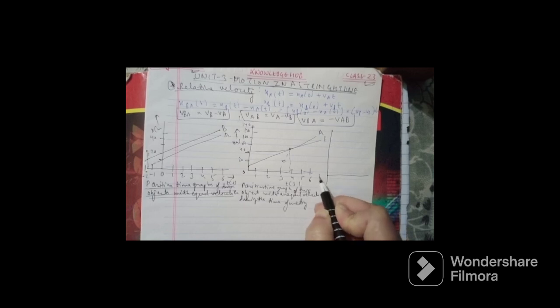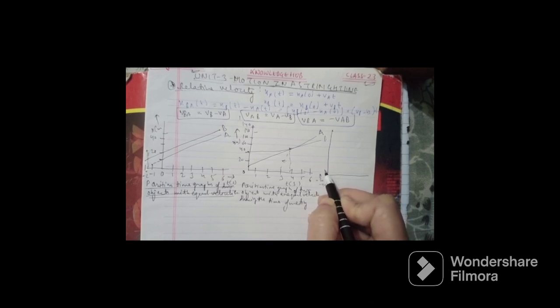Now we go for another graph, that will be another important one, and that is your position time graph of two objects with velocity in opposite directions, shown the time of meeting. Another graph. This is X being 0, minus 20, minus 40.